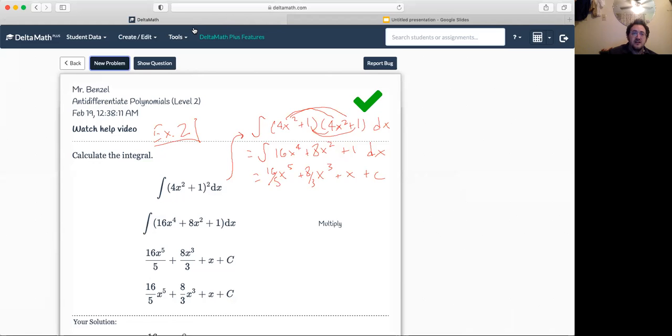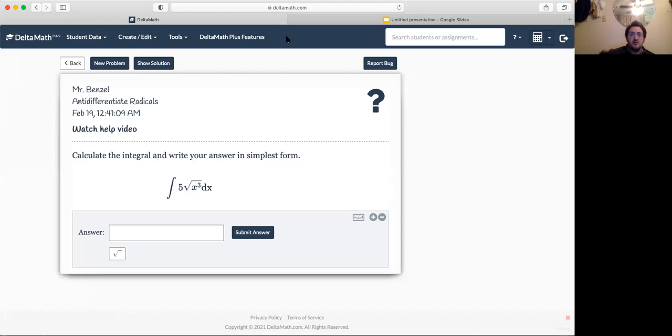And one more exercise will show you what happens when we have radicals as well. All right, just like power rules, we also have radicals to make things a little bit more interesting with anti-differentiation.